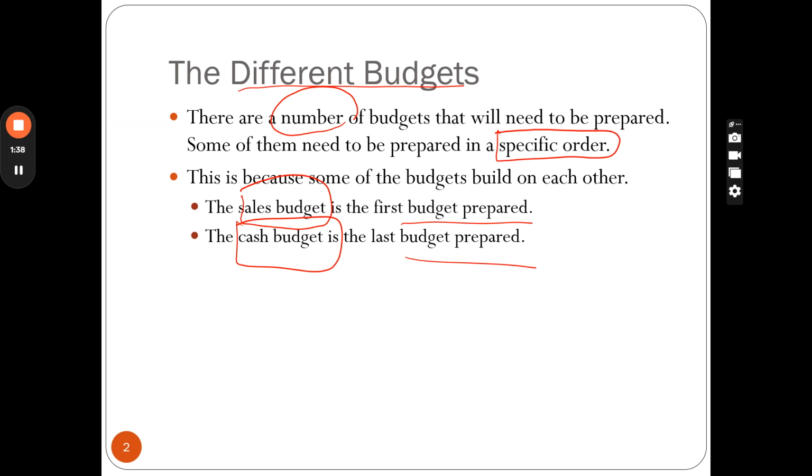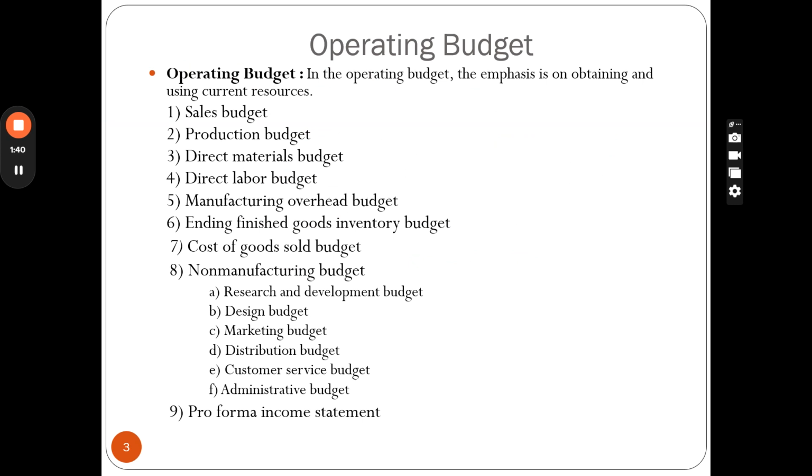So we will move on to the operating budget. In the operating budget, you are emphasizing obtaining and using the current resources. So how are you going to allocate and use the current resources? Or we can say all the items you find in the operating budget are related to the income statement.